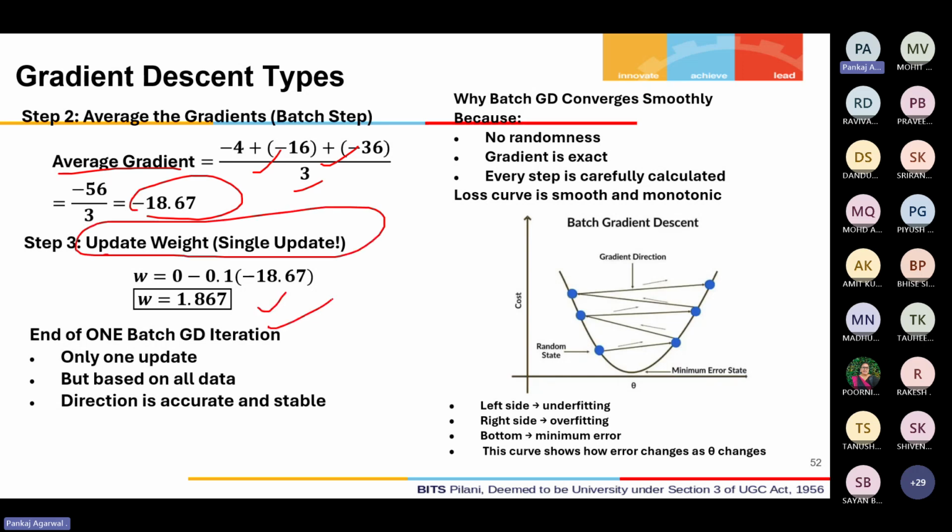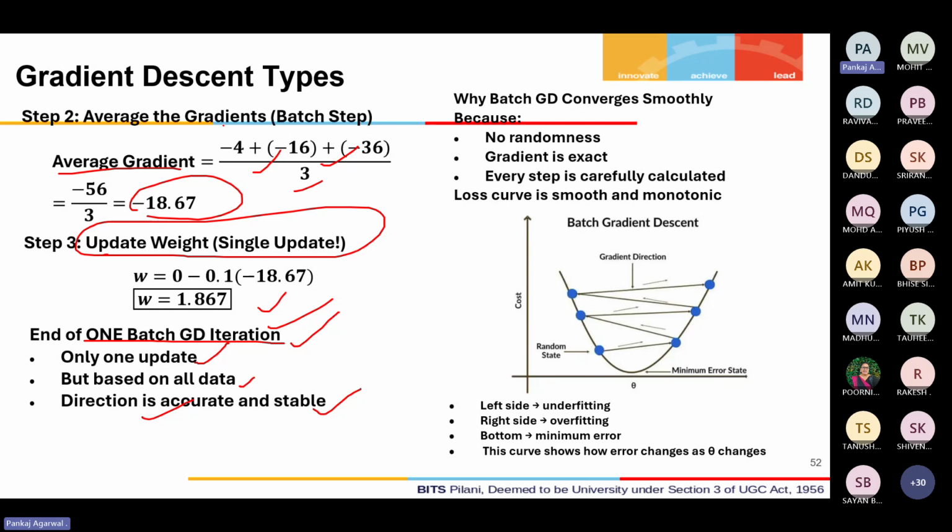Did anyone get the difference between the two? At the end of one batch of gradients, only one update was done. Previously, updates were done for each and every input. So it was based on all the data, the direction is accurate, and so it becomes more accurate. Previously there were a lot of oscillations. All three data points might oscillate, one in the left direction, one to the right, and again to the left.